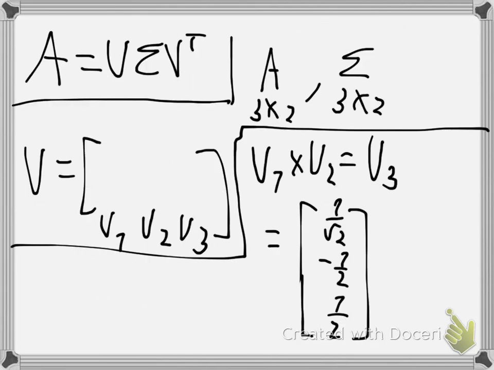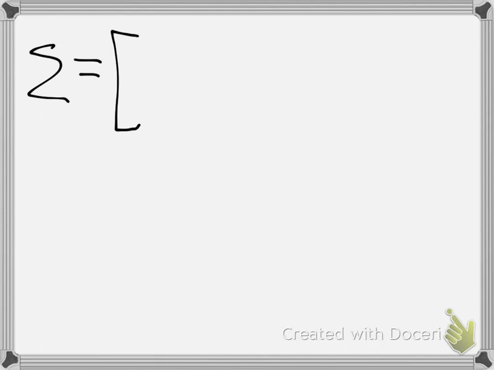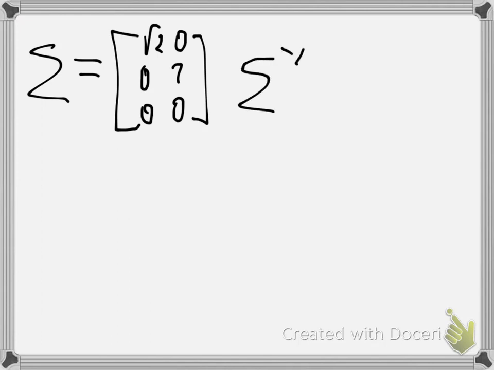It has the same size as A, so a 3 by 2 matrix, and the two singular values on the diagonal will be square root of 2 and square root of 1, which is 1. Okay. Now, the inverse of that will just be, remember, you take 1 over the singular value. Okay? So 1 over 1 is 1.